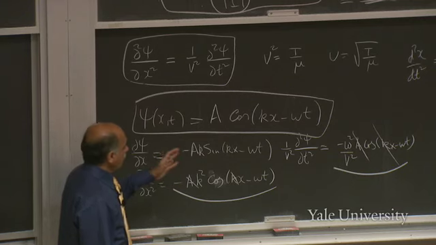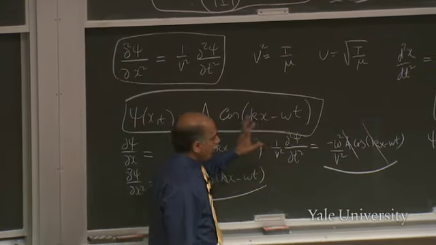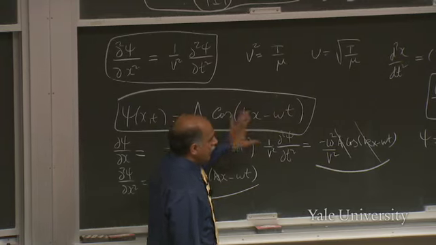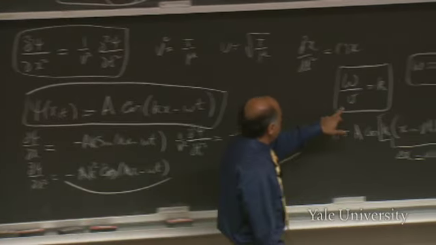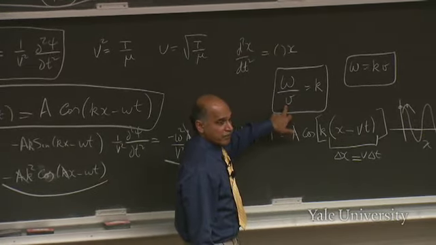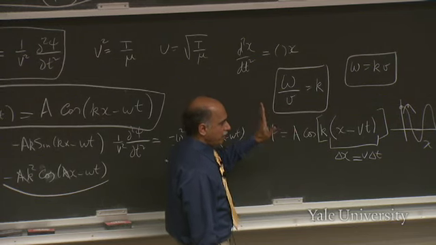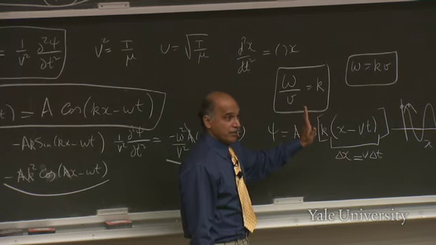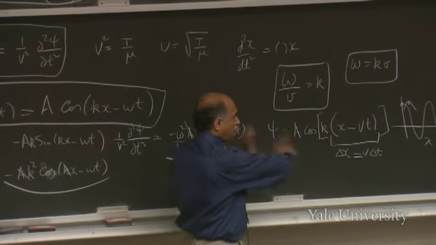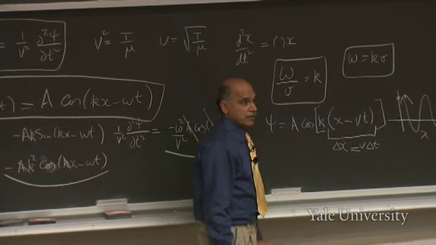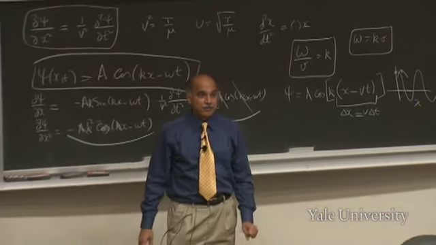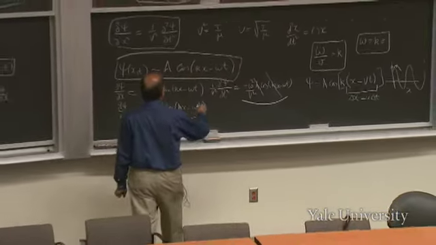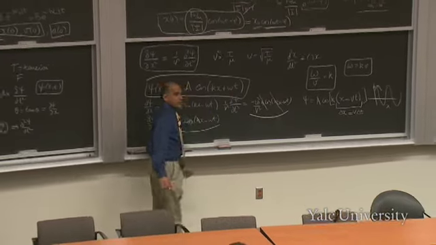And I've not told you yet how to visualize the function, but I have told you whatever the function is, it is drifting to the right at a speed that we call v. Because any function of x minus vt has a property that if it did something at x equal to 0, it does the same thing at x equal to vt. That means the whole shape is bodily transported to the right. So this really signifies a wave traveling to the right. If you wanted a wave traveling to the left, you should put a plus sign here, and it will go backwards.